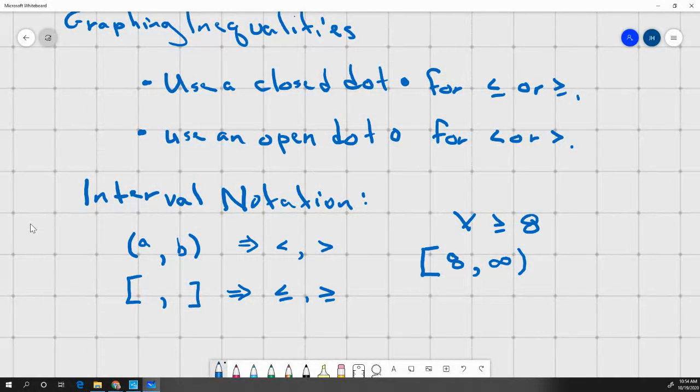You can just keep going. And if I was going to graph that, that would be a closed dot at 8, greater than or equal to, and it would go forever in that direction.